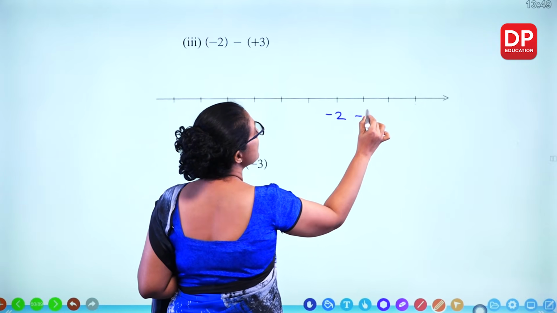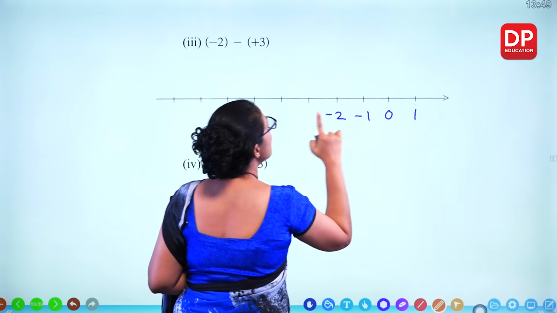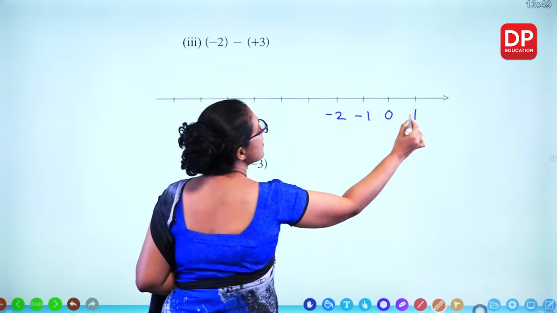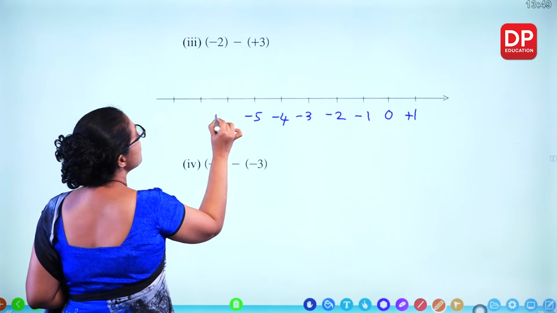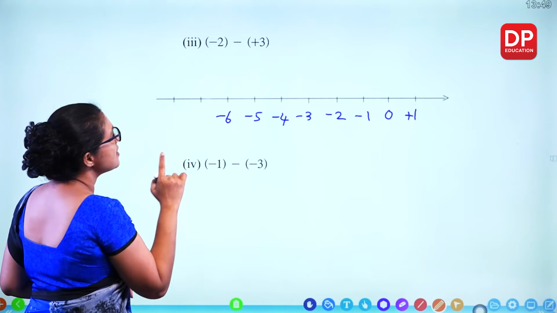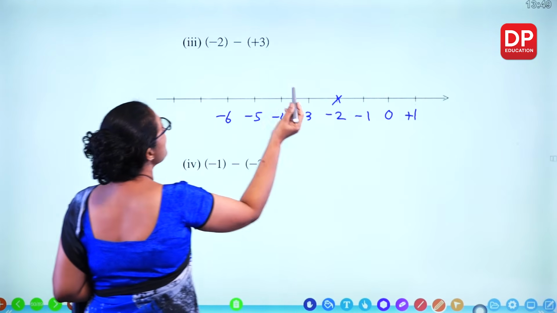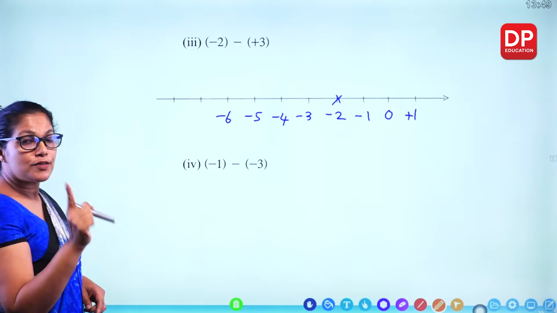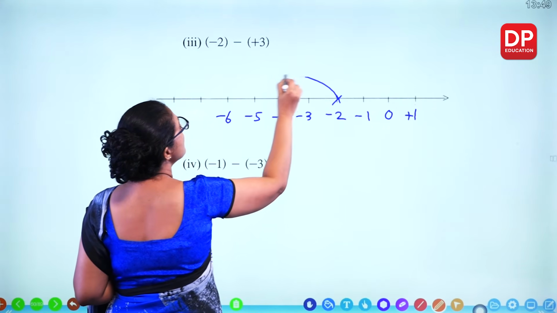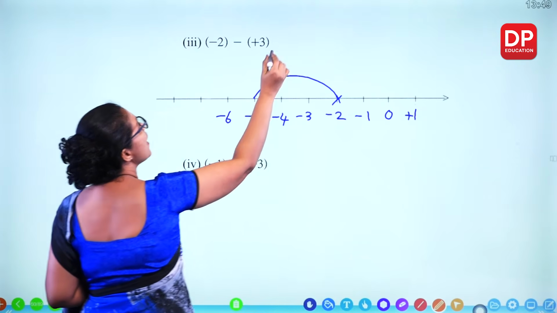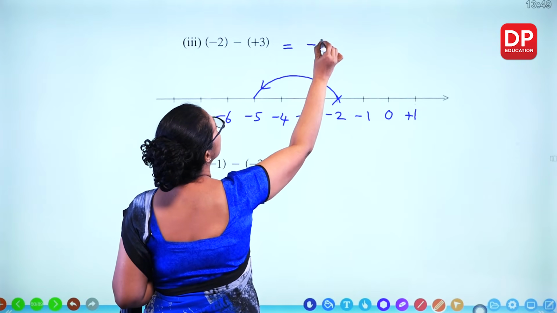First you decide, otherwise you can't put all the numbers. So this is +1, -3, -4, -5, -6 like that. Starting value is -2. 3 places to the left. 1, 2, 3. So you get -5.